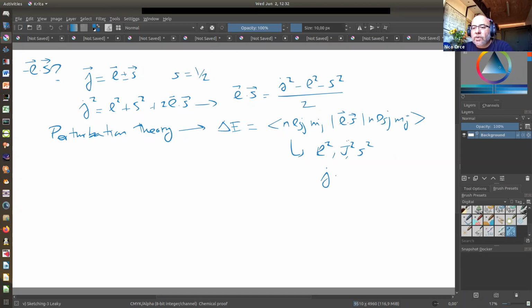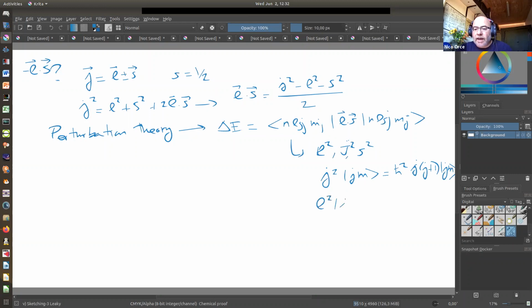So as we know from quantum mechanics, J square applied on j m, let's call it j m to simplify things, is equal to h bar square j times j plus 1, j m. So these are general rules which apply to everything.